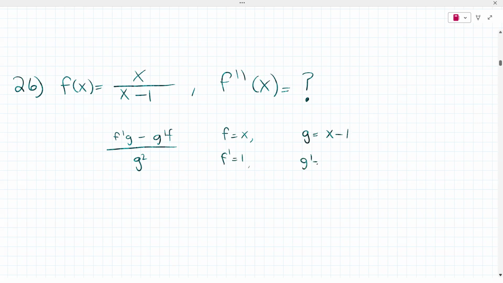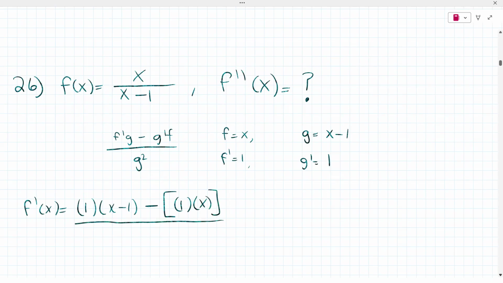G prime, the derivative of x minus 1, is 1. So f prime of x is going to be f prime, which is 1, times g, which is x minus 1, minus g prime, which is 1, times f, which is x, all over g squared.